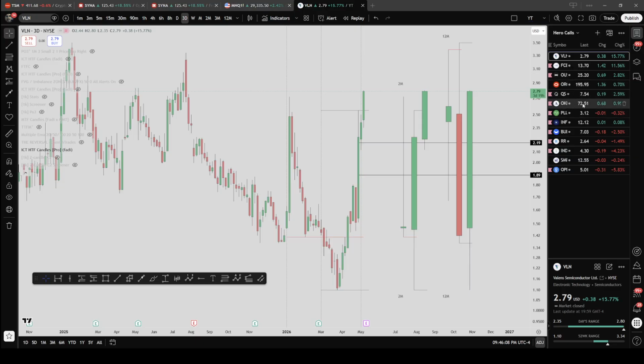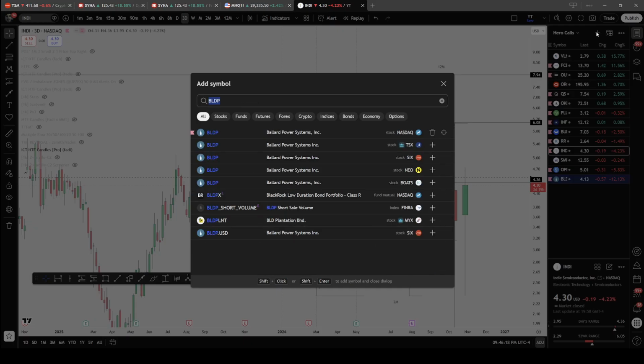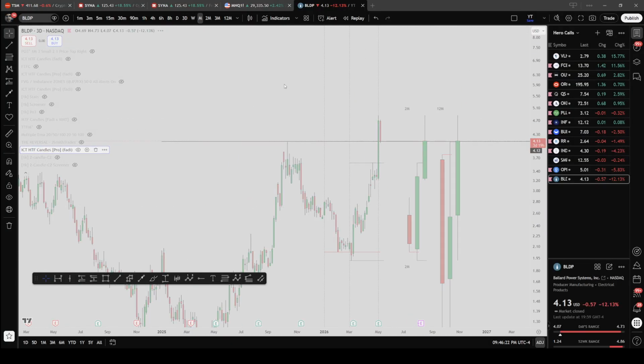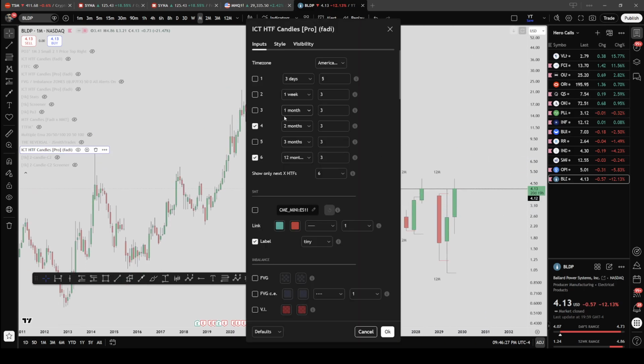Another one that I'm bullish on, possibly, but what was I thinking of? Where is it? It's the BLDP. Did I not put it here? Yeah, BLDP. Right, this is starting to form something.